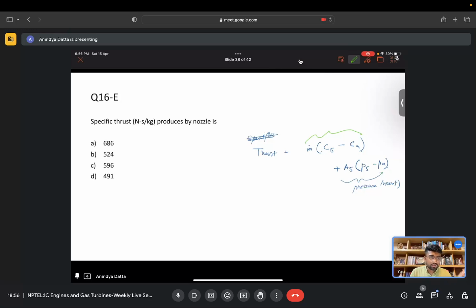It comes in when there is a difference between the nozzle exit pressure and the ambient pressure, and that component is equal to the nozzle exit area times that pressure difference. So the specific thrust will be C5 minus CA plus A5 by m dot times P5 minus PA. For this we have to find C5, A5 and m dot, right?